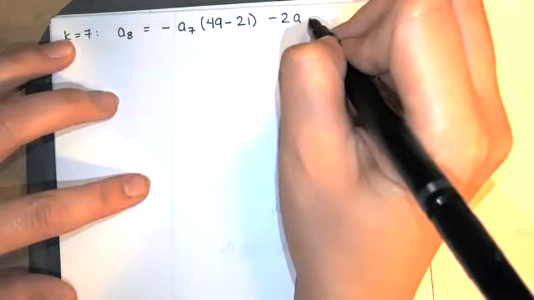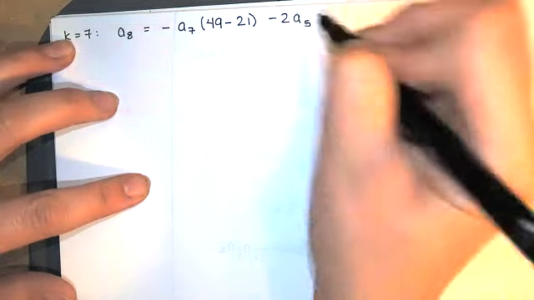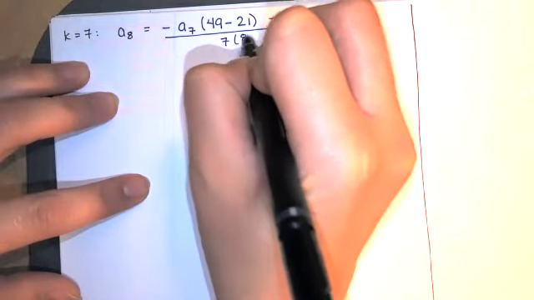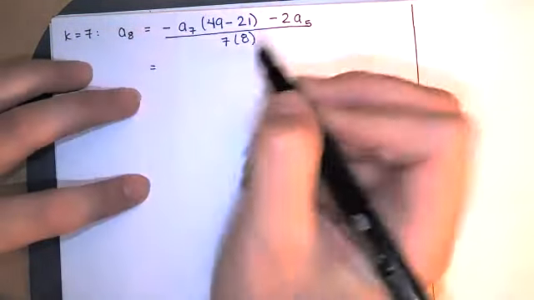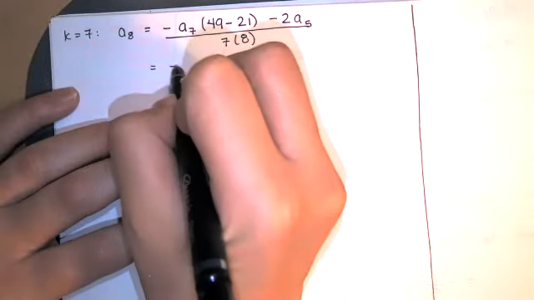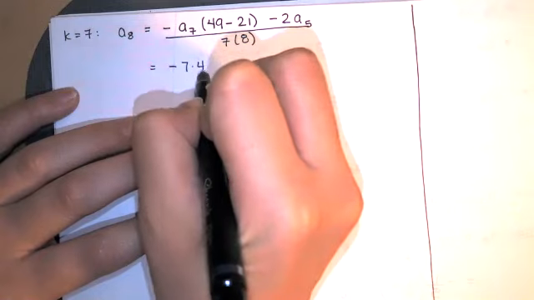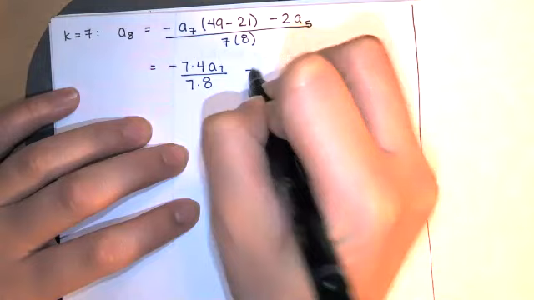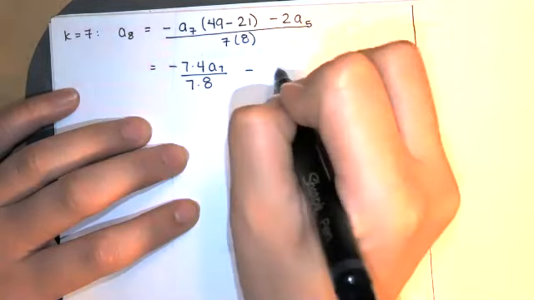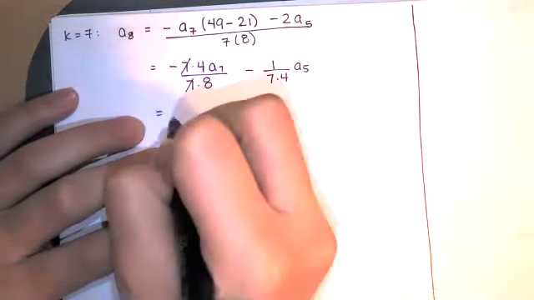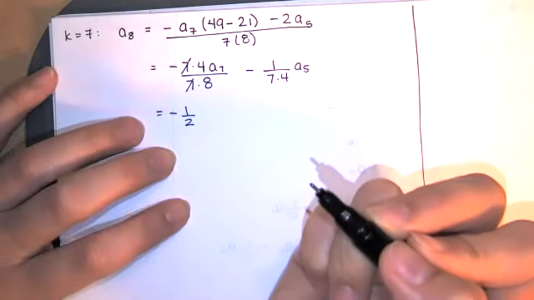If k is 7, we're going to have 7 minus 2, which is 5, all over k times k plus 1, so 7 times 8. So this becomes negative 28, which is negative 7 times 4 times a sub 7 over 7 times 8, minus 2 over 7 times 8, which is the same as negative 1 over 7 times 4 times a sub 5. These guys reduce, and of course the 4 over 8 reduces to a negative 1/2.